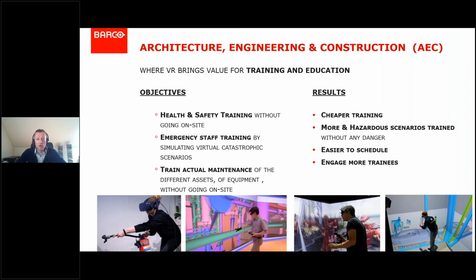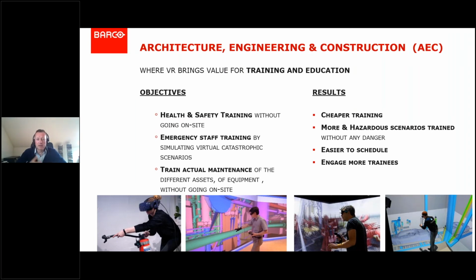It can be emergency staff trainings that you do upfront, even before things are built. But you can also train actual maintenance tasks upfront in order to avoid the costs of sending people over, maybe offshore to an oil rig, or to another country, or flying them over to a specific installation where you want people to get trained.